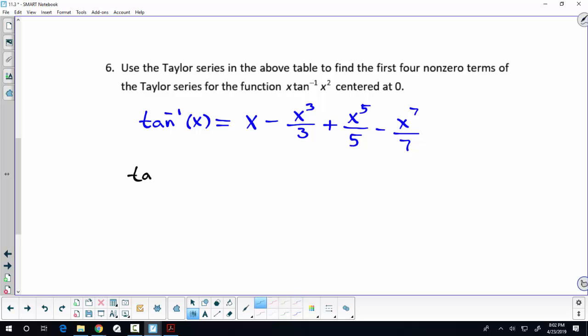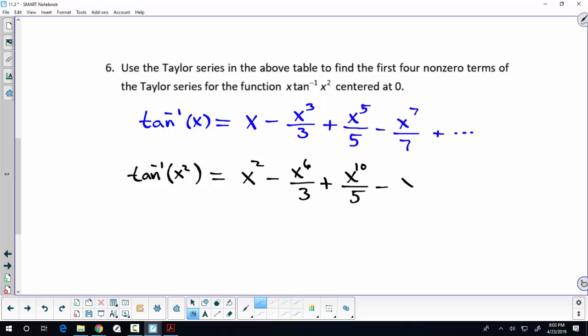So we'll write out the inverse tangent of x squared, substituting x squared in for x, so that's x squared minus x to the 6th over 3 plus x to the 10th over 5 minus x to the 14th over 7. What about that x?